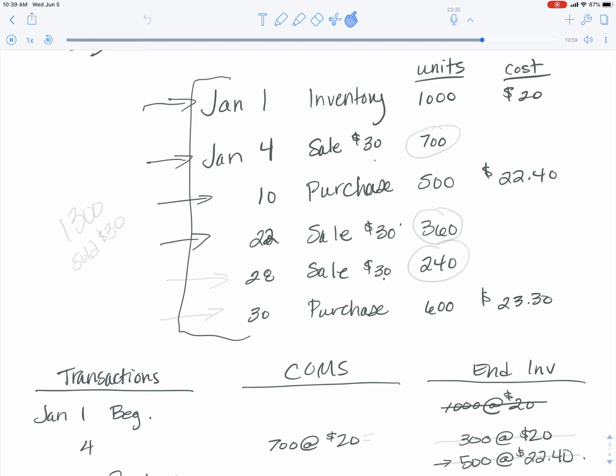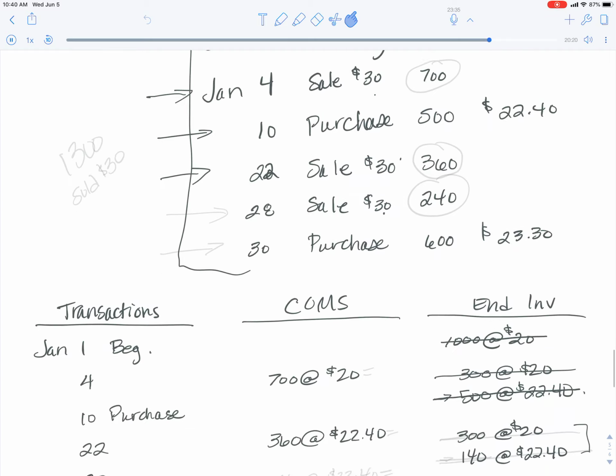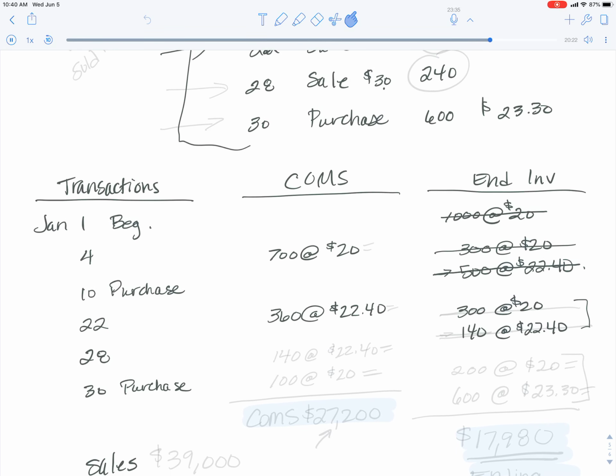So now we don't have 500 anymore. We have 300 at 20, and we have 140 left at $22.40. So you can cross those off. Now here is what we have after that sale.